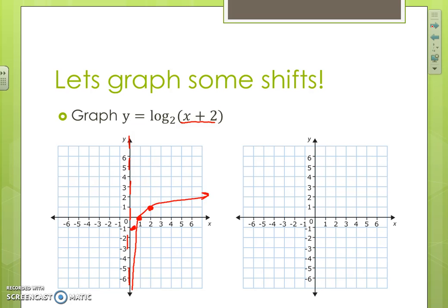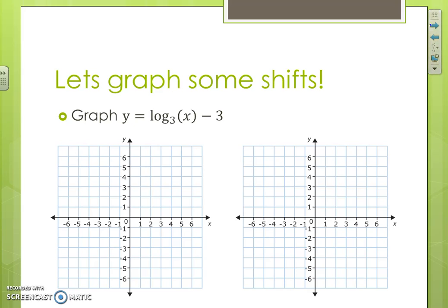On the inside, it's going to cause everything to shift to the left 2. So my asymptote's going to move over 2, and each of my points are going to move over 2. Okay, so nothing too crazy there. Shifts are all the same. It's just anything inside of the parentheses. Okay, next slide.